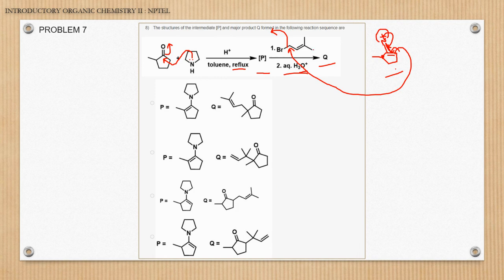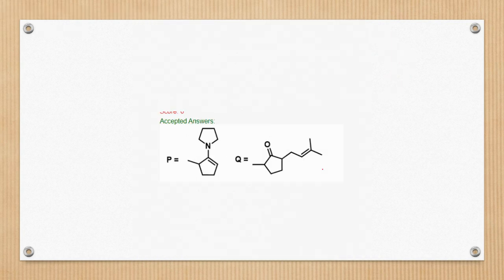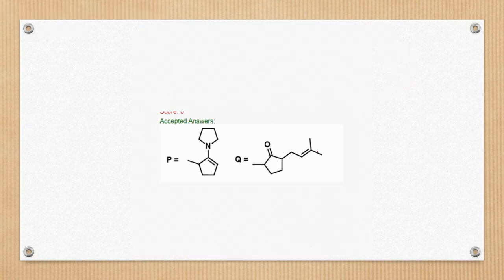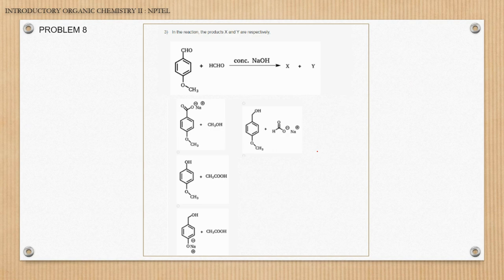All the rest is similar, but this imine is converted to ketone. So is it fine, guys? Is the mechanism of this reaction clear? Okay, if it is clear, just answer me. Now, if it is clear, then I am moving to problem number 8.